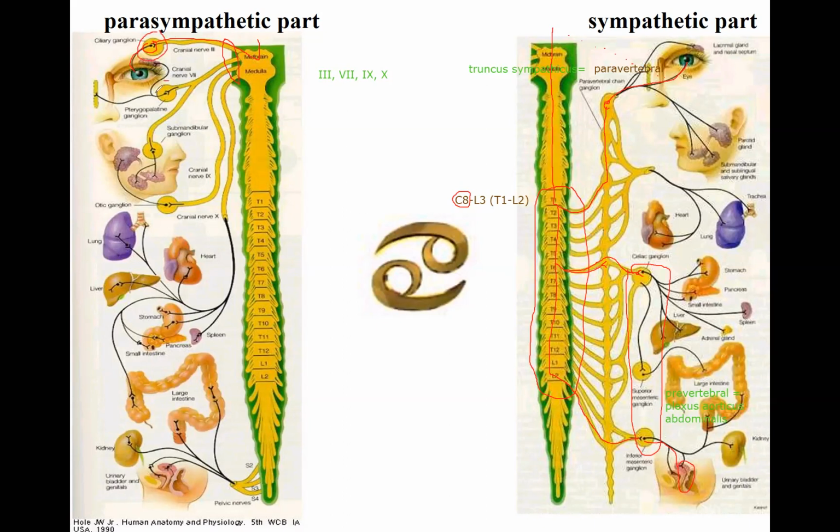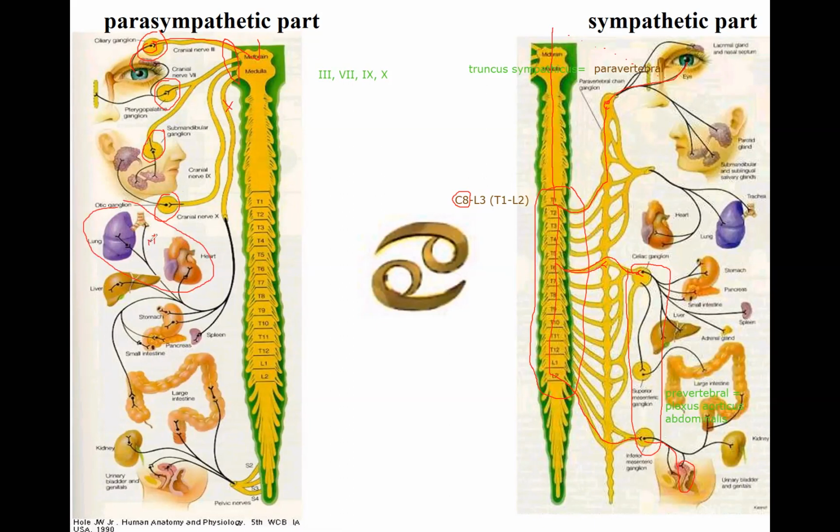Ciliary, pterygopalatine, submandibular, otic. You all know where they are located. We will talk about them in detail later. And the 4th one, the vagus, descends down and supplies everything which we find in the thoracic cavity. So these 2 organs plus the thymus as well.